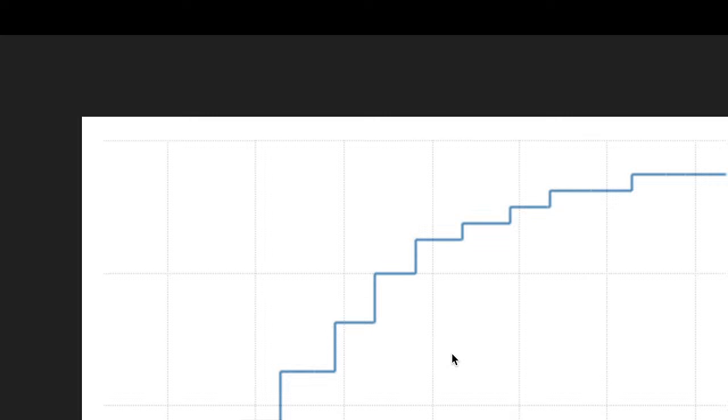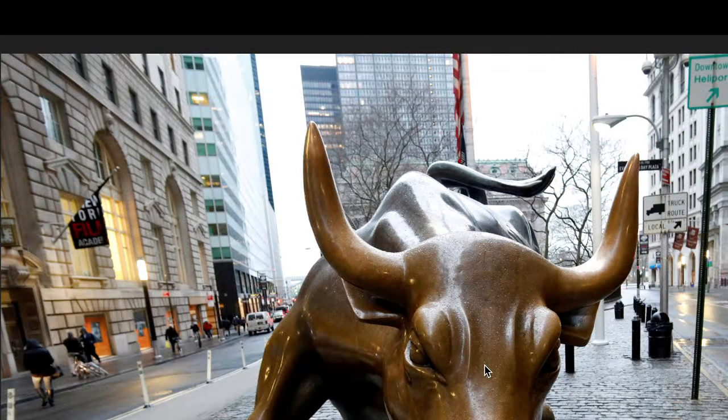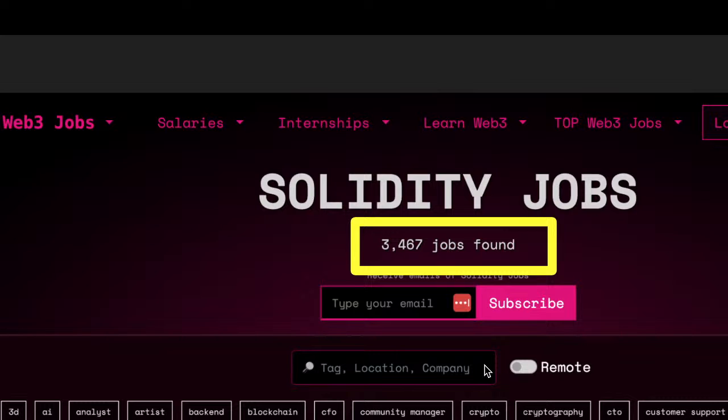Are there a lot of Solidity jobs? For that, I went to a website called web3.career. It's a big job board for crypto. And there are currently about 3,500 Solidity jobs. Sometimes Solidity jobs are listed with other keywords like blockchain, so we don't even see everything here. On top of that, we estimate that about 2/3 of the job market is outside of these job advertisements.